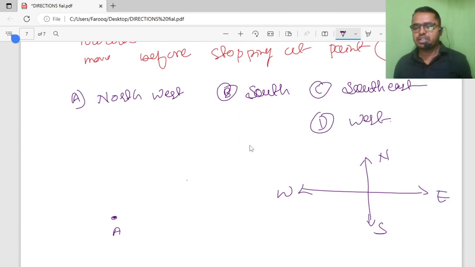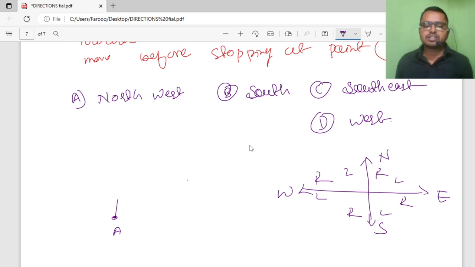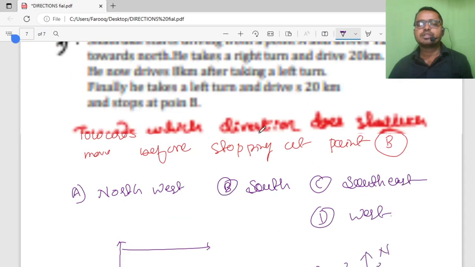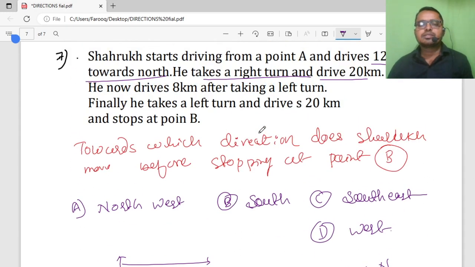And one more thing: left, right, left, right. He drives 12 kilometers first and takes a right turn, which means in this direction, and walks towards the north. He takes a right turn.